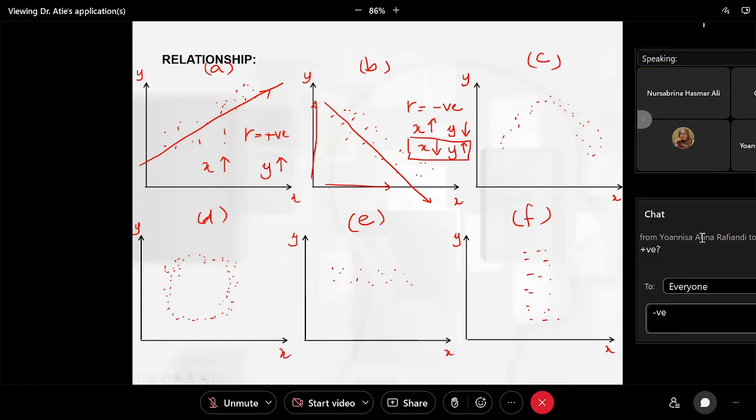Okay, how about C? Is there any relationship between X and Y? What do you think, Kaisa? Are there a relationship or not between X and Y? Yes. Why? Can't explain, actually. Okay, anybody would like to help Kaisa?